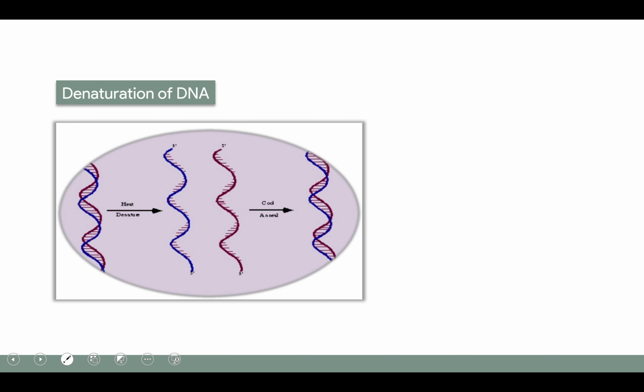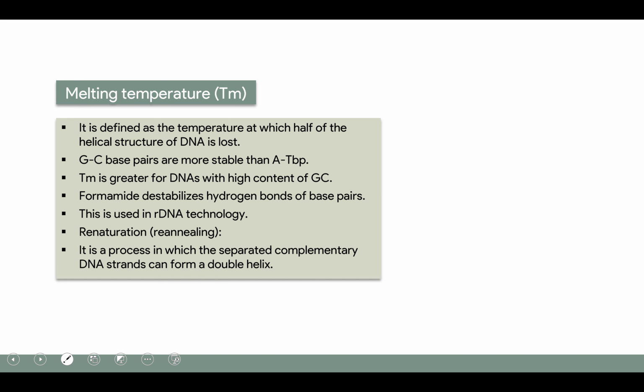As we can see, this is the double helical structure. Once it is heated, it leads to denaturation. The two DNA strands are separated. They are now single strands. Once the temperature is cooled down, it again forms the double helical structure. So there is again formation of hydrogen bonds between the two strands.